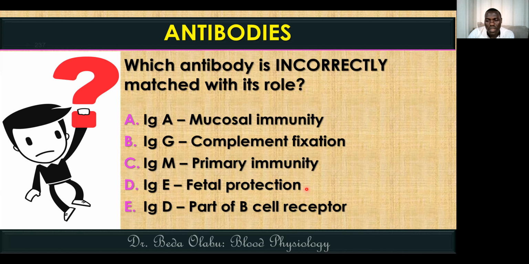And so this would be the correct response to this question. Immunoglobulin D, the function is not very clear really, but mature B cells usually have immunoglobulin D on its surface, and so it's believed that it can function as B cell receptor. Great, so that's the story.